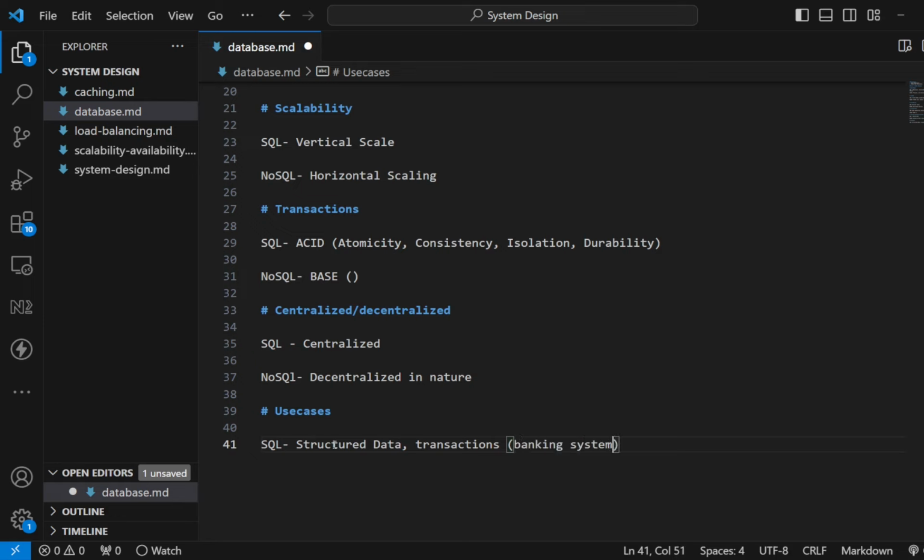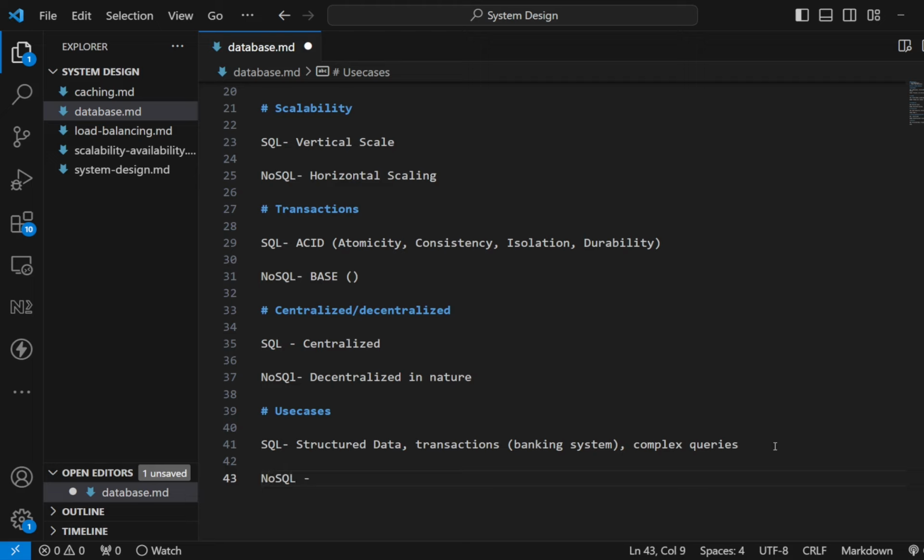So in this case we prefer SQL databases, and it is best for structured data and for applications that require complex queries. If there are complex queries, then we should go for SQL. And if our domain is banking, then we should follow SQL databases.